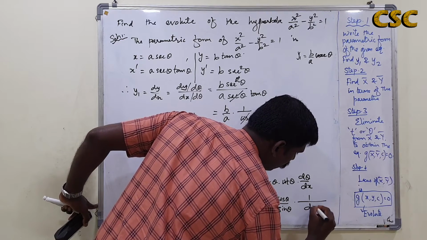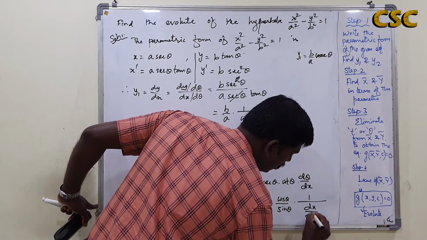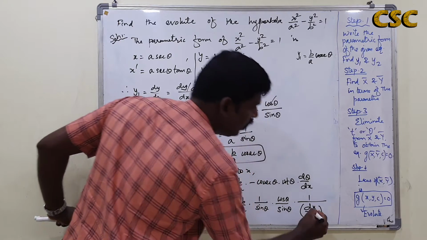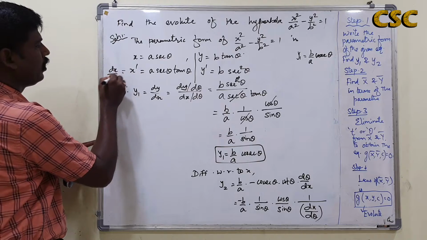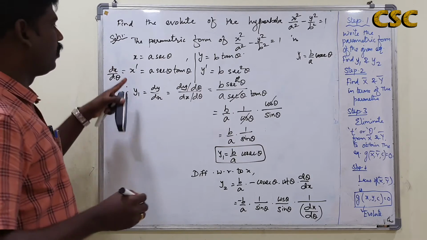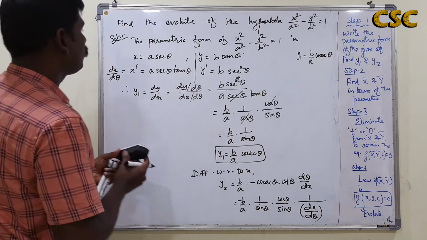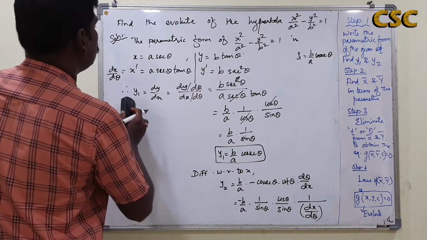Or otherwise I write it one more step. This can be written as dx by d theta. This is nothing but x dash, isn't it? So I am taking this value here, a secant theta tan theta.